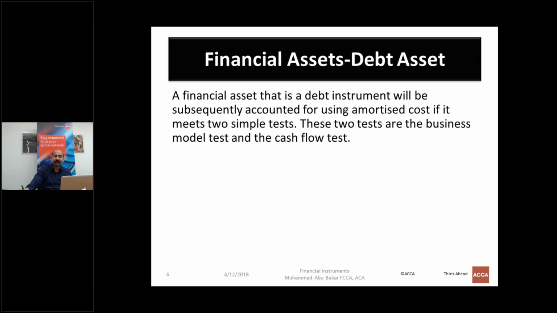The business model test is met where the purpose is to hold the asset to collect the contractual cash flows rather than to sell it prior to maturity to realize its fair value changes. The cash flow test will be met when the contractual terms of the asset give rise on specified dates to cash flows that are solely receipts of either the principal or interest. We shall be discussing this model with the help of a number of examples.